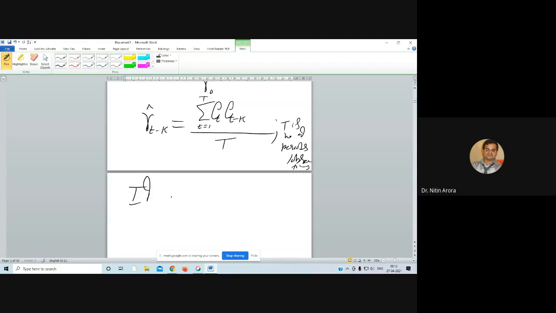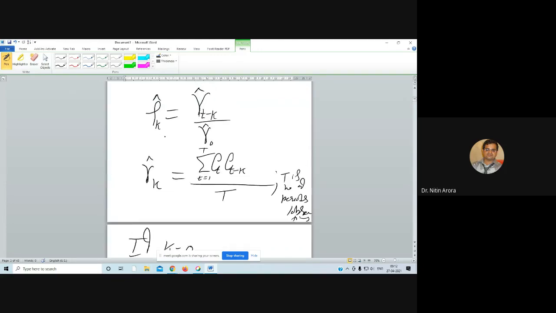Obviously, if k is equal to 0, then this is called gamma k cap.